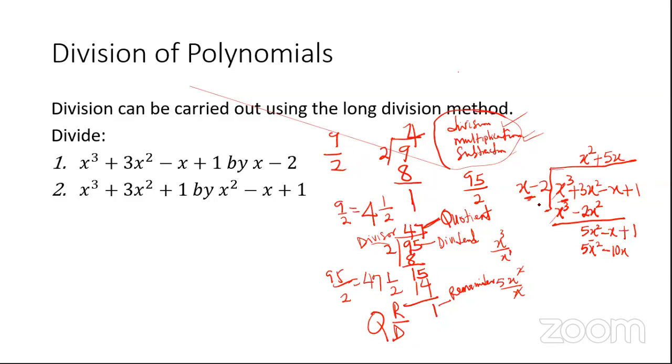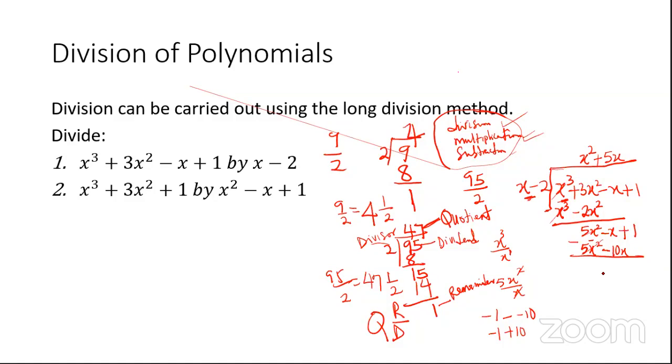Subtraction. So let's subtract. 5x squared minus 5x squared will always give us 0. Then minus 1x minus minus 10x, so that will be minus 1 plus 10.